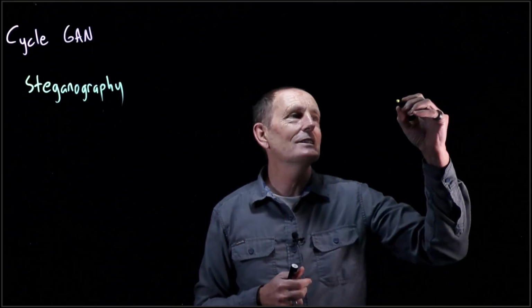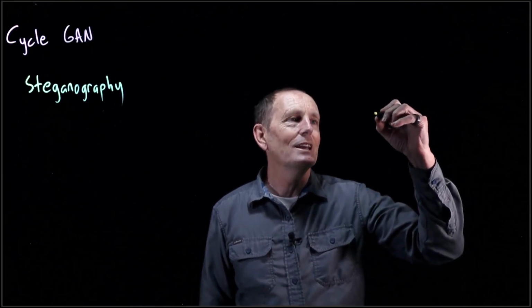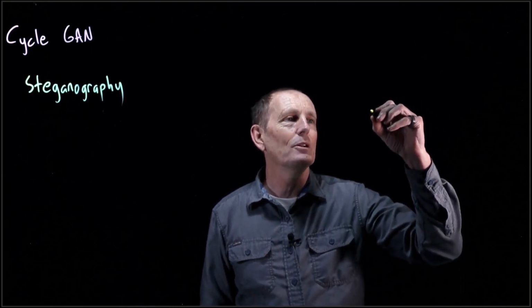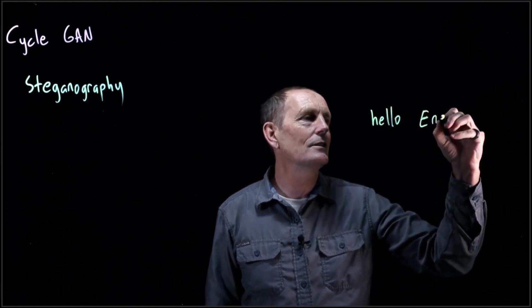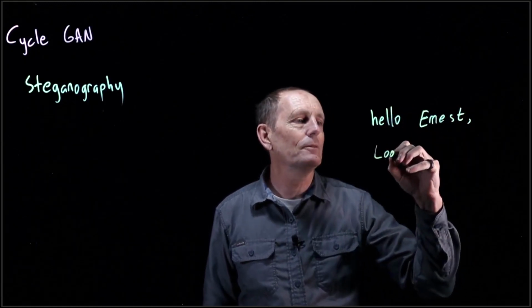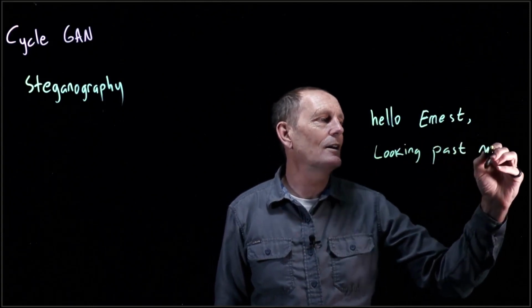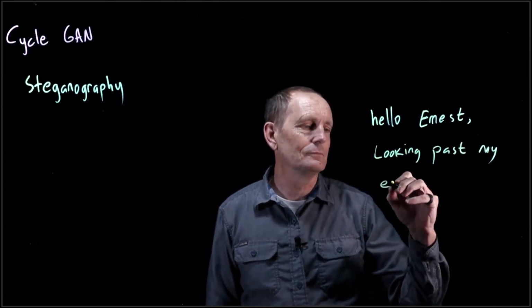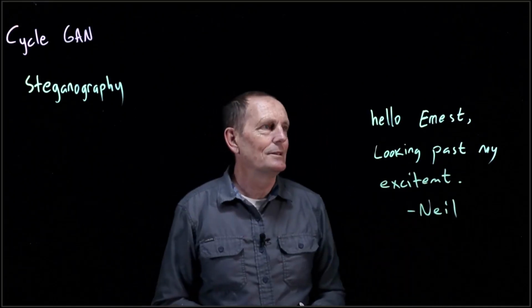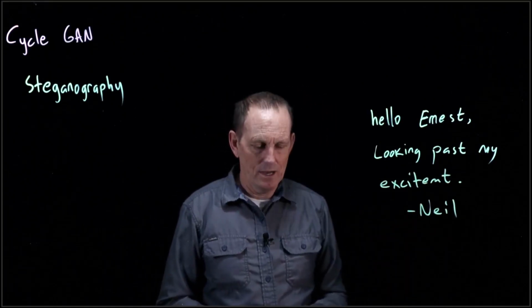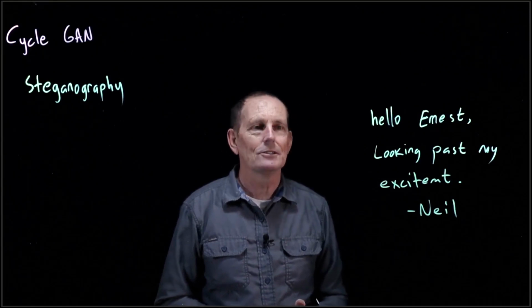Okay, so for example, we might have a letter that someone writes that says, let's say, "Hello, Ernest. Looking past my excitement, Neil." So this is kind of an odd sort of message, but that's my message.